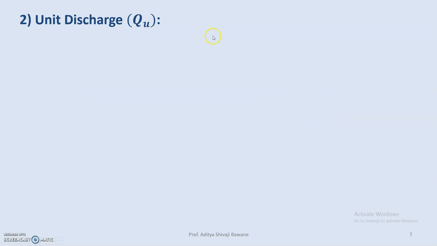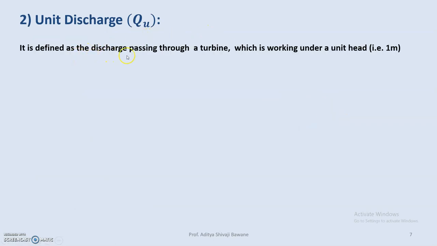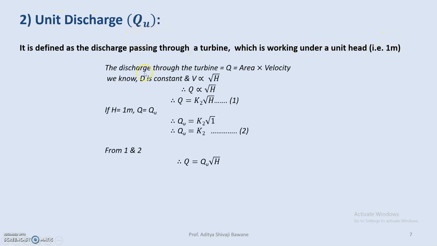Next is unit discharge. It is defined as the discharge passing through a turbine working under a unit head. If its head is 1 meter, that discharge is the unit discharge. We know discharge equal to area into velocity. The diameter remains the same, so Q is directly proportional to velocity, and velocity is directly proportional to under root of H. Therefore Q equal to K2 under root of H. Consider it as equation 1.